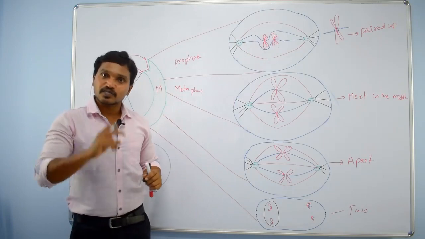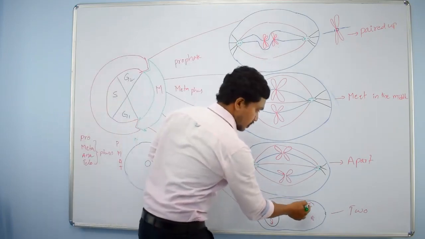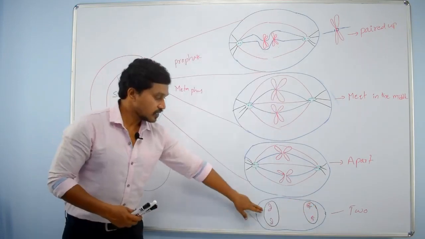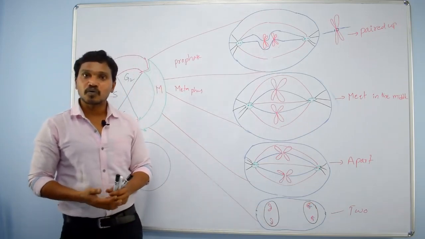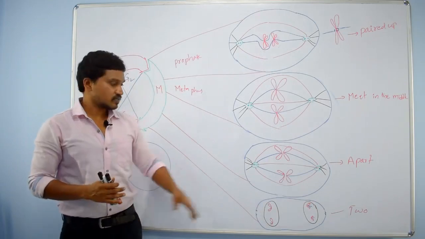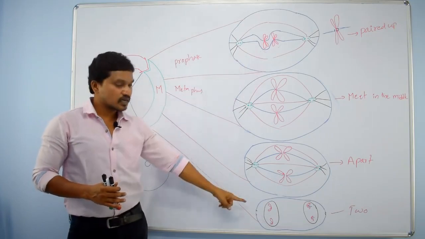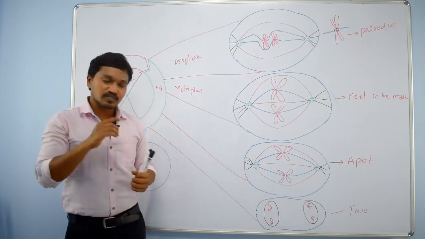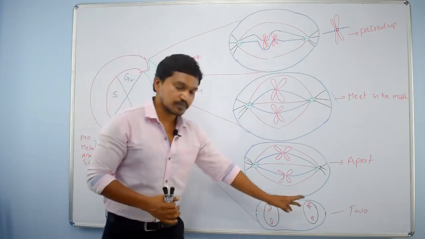Those membrane vesicles unite and form the nuclear envelope. So here the nuclear envelope is formed. How? By dephosphorylation of lamins. I told you here phosphorylation of lamins. Here dephosphorylation of lamins, which leads to reappearance or formation of the nuclear envelope.